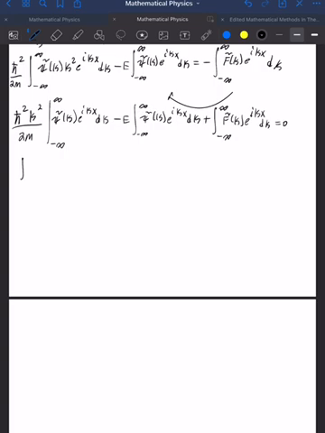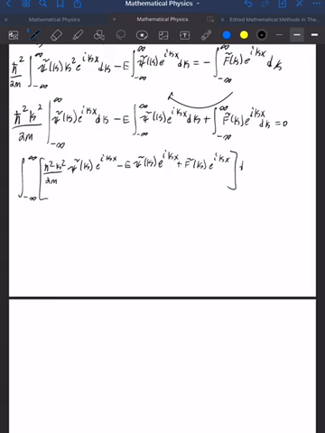So if we rewrite it, we get the integral from minus infinity to infinity of h bar squared k squared over 2m psi tilde of k e to the I kx minus E psi tilde of k e to the I kx plus f tilde of k e to the I kx dk, and that's equal to 0.